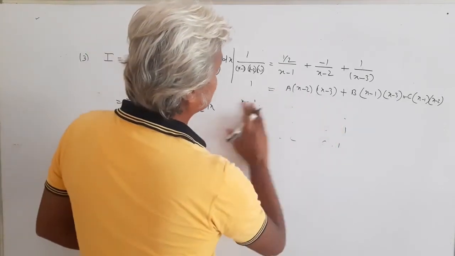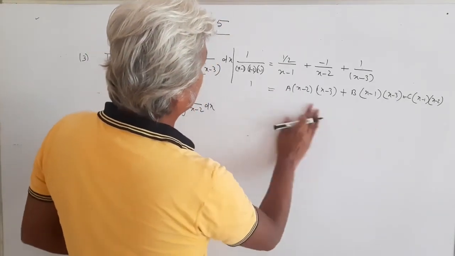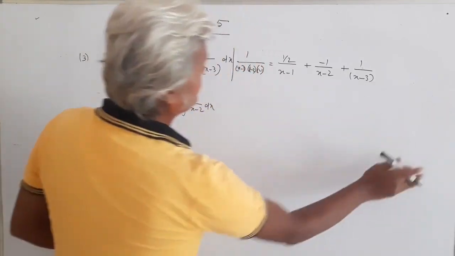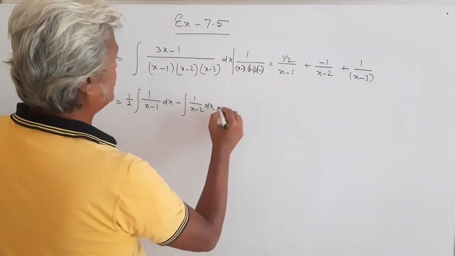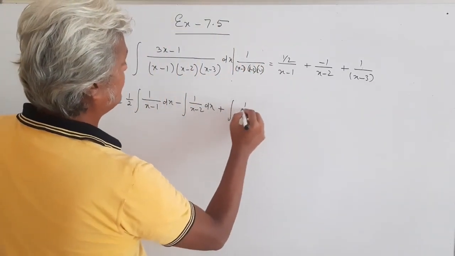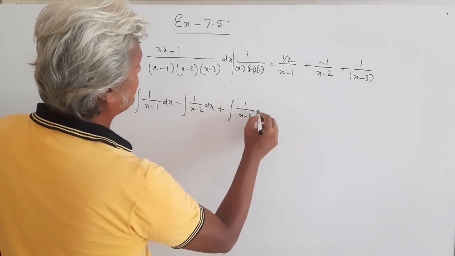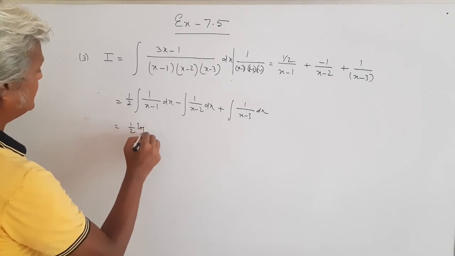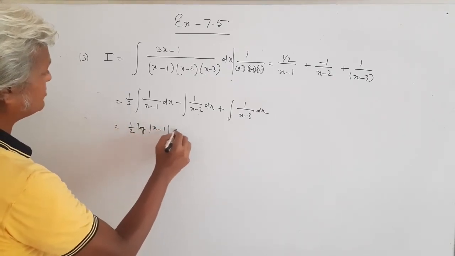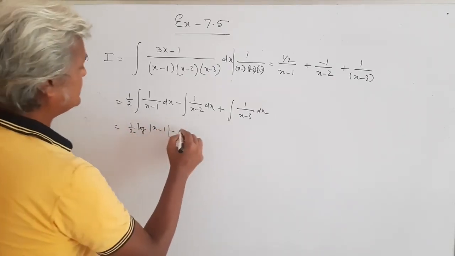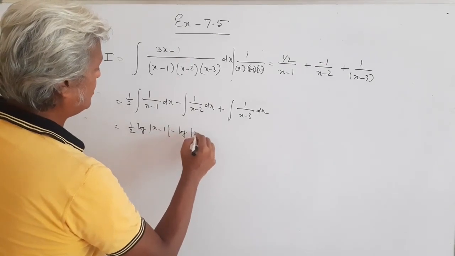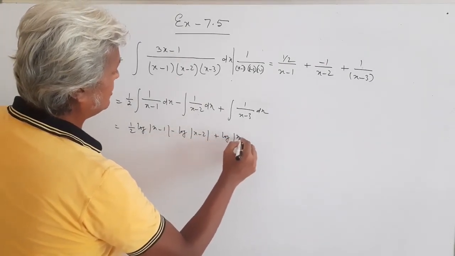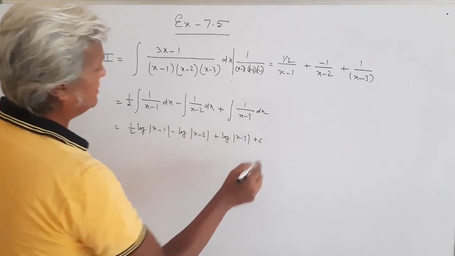Let me remove this part, these are not required anymore, and the purpose of solving them is also served. So the last one is plus integration of 1 over x minus 3 dx. So that is half log mod x minus 1 minus log mod x minus 2 plus log mod x minus 3 plus c.